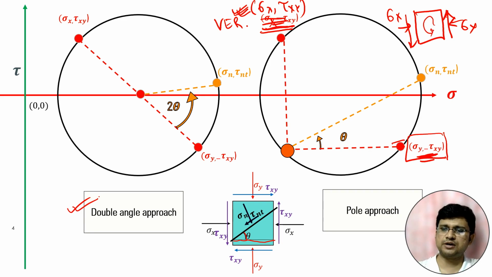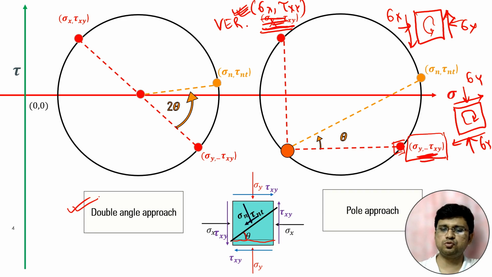And this particular point is the point with respect to the horizontal plane, sigma y and minus tau xy, because this tau xy is creating clockwise movement, so that's why it is minus tau xy. Now this point is the stress corresponding to the vertical plane, and this stress is the stress corresponding to the horizontal plane.